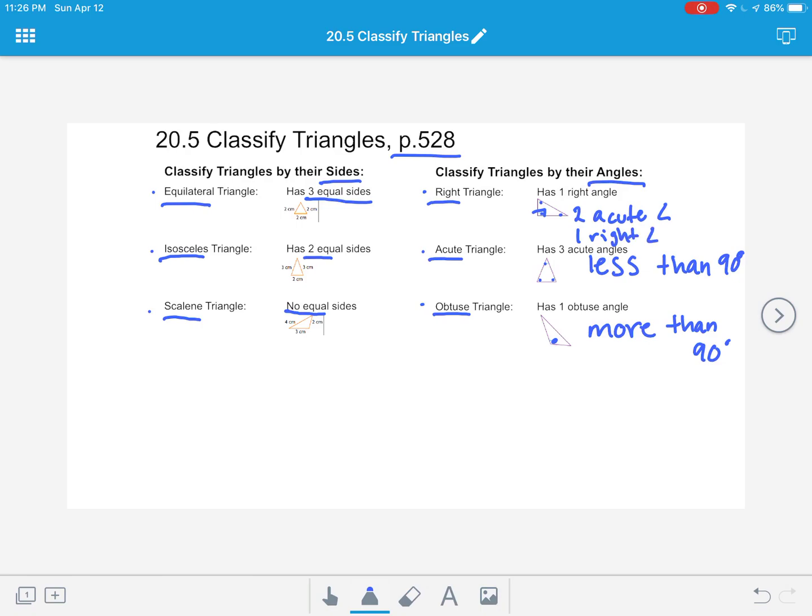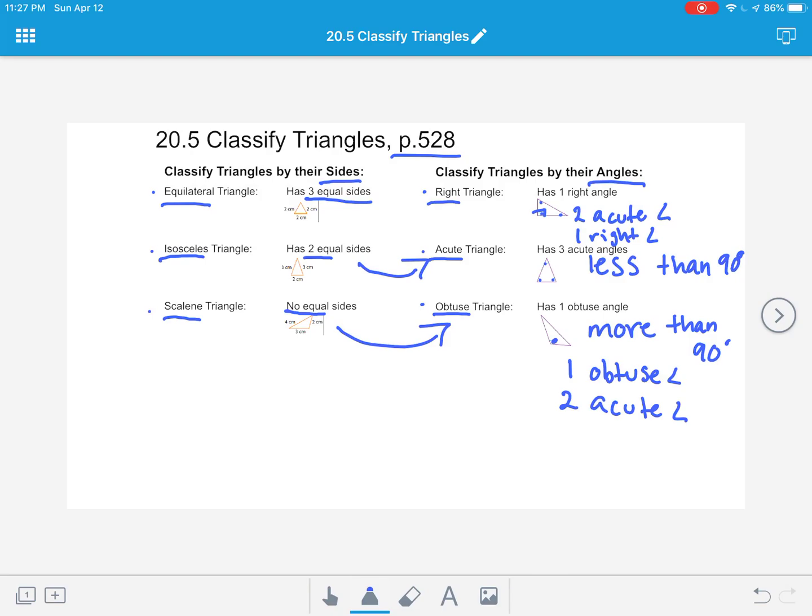When we have an acute triangle, all three of them are acute. And when we have an obtuse triangle, one is an obtuse angle and the other two are acute angles. A scalene triangle often produces an obtuse triangle. An isosceles triangle often produces an acute triangle where the insides are all acute angles.